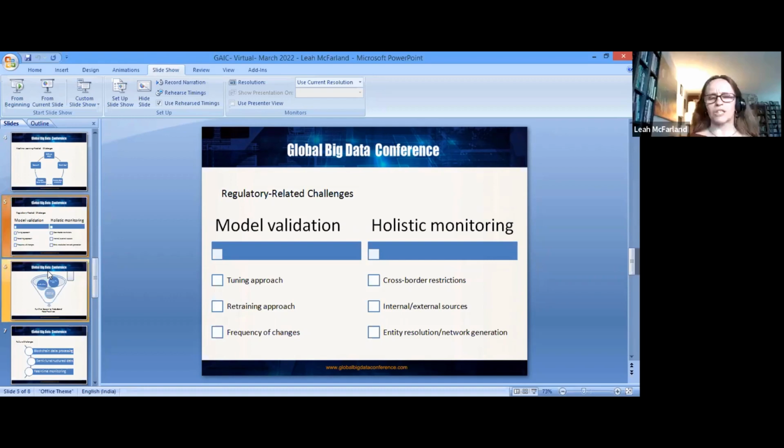Specifically, as I was referencing before, our data sets tend to be very dynamic, meaning we have to ensure that we're retraining our models whenever we see the data drifting significantly from the data that we used to create the models in the first place. But we don't really have the flexibility, at least at this point in time, to tune or retrain our models on an ongoing basis.